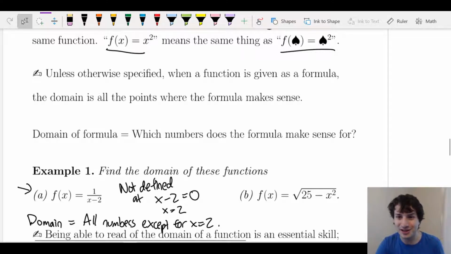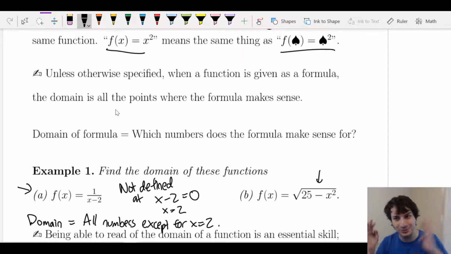Okay, here's another maybe more complicated one. The function square root of 25 minus x squared. And just like before, where it's fine for a lot of numbers, but there's a key technical thing that happens, you can't take the square root of a negative number. Okay, so strictly speaking, you can do complex numbers, but in this course, everything is about real numbers.